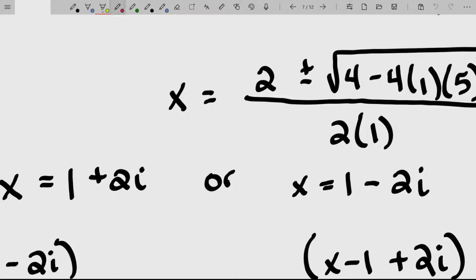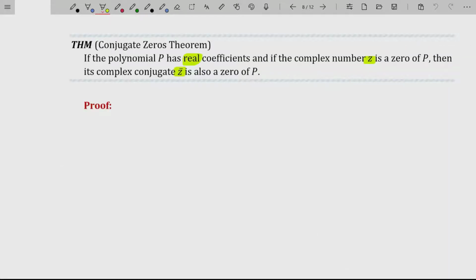And so you're centering at negative b over 2a. Let me highlight that. And then you have a plus or minus going on there, and that plus or minus wiggles by the same amount. So you'll center at 1, you go away in the positive direction by 2i, and in the negative direction by 2i. And that's just by virtue of having a quadratic equation and using the quadratic formula.